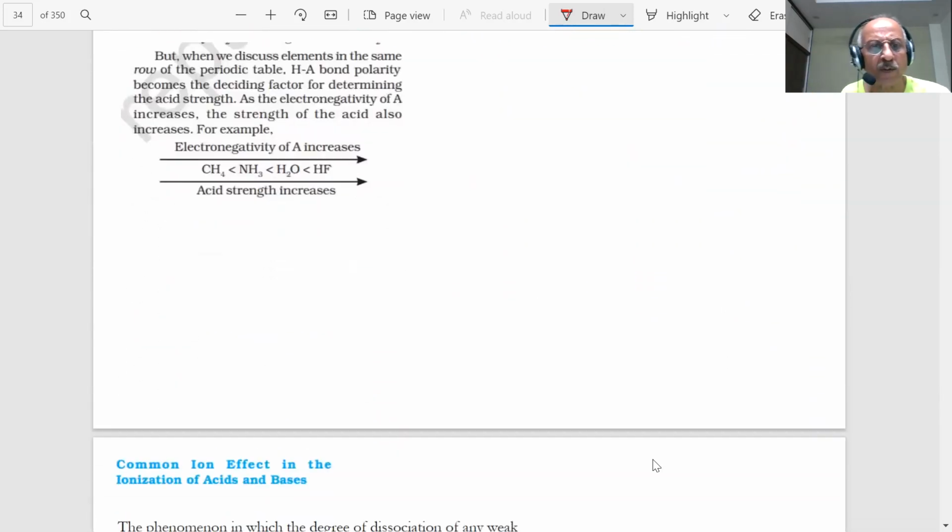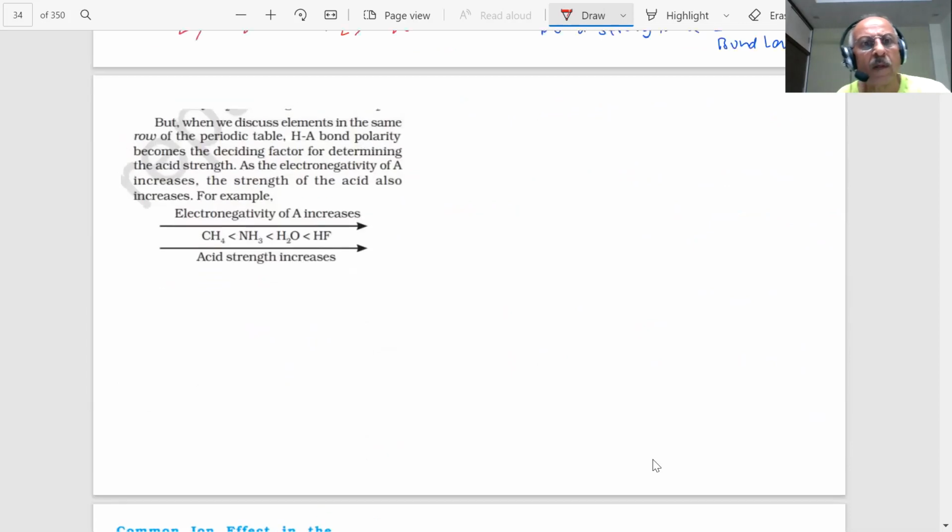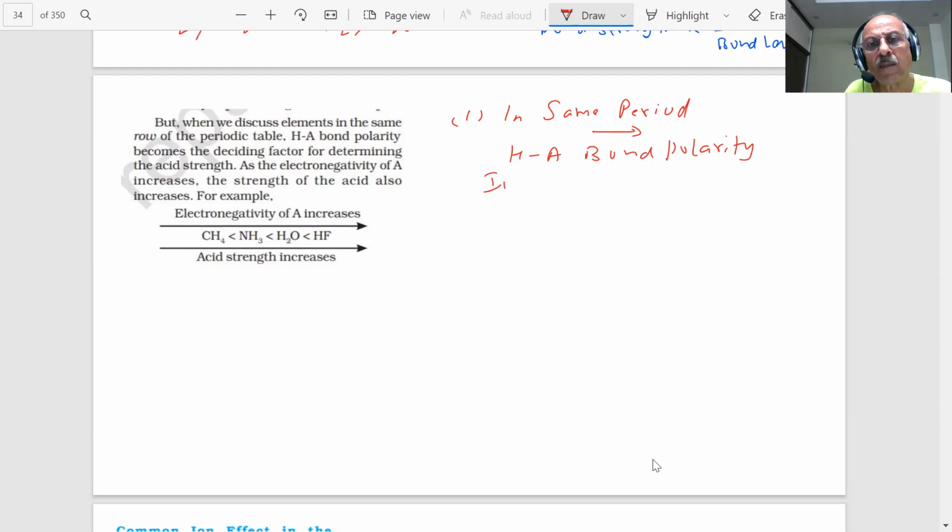Another property has been used. When we discuss elements in the same row, if the elements are in the same period, then what do they use? H-A bond polarity is an important factor in determining acidity.